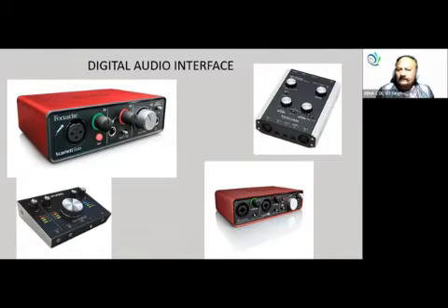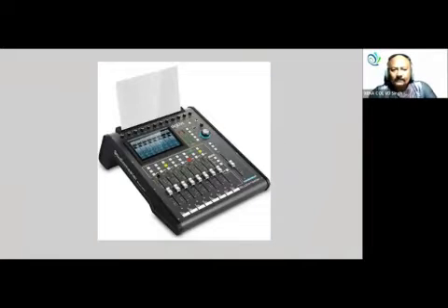Various companies are producing digital audio interfaces, like Focusrite, M Audio, and there are other companies. This is also an audio interface with a built-in mixer, that means it is an audio mixer as well as a digital audio interface.